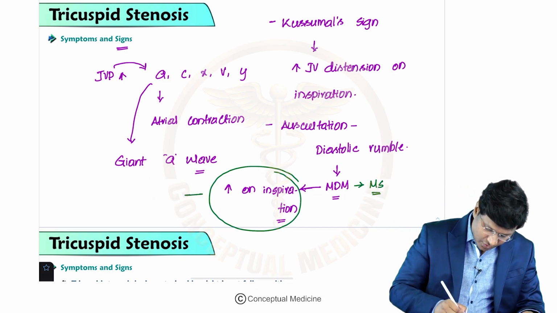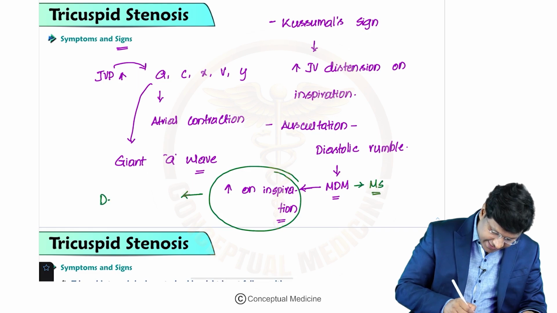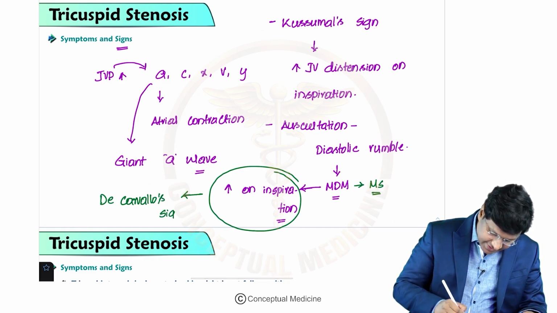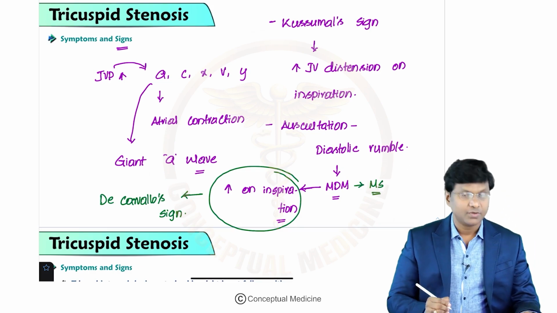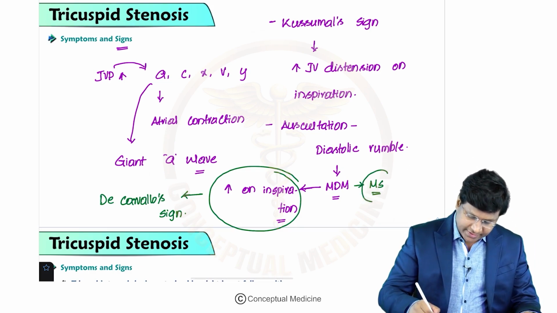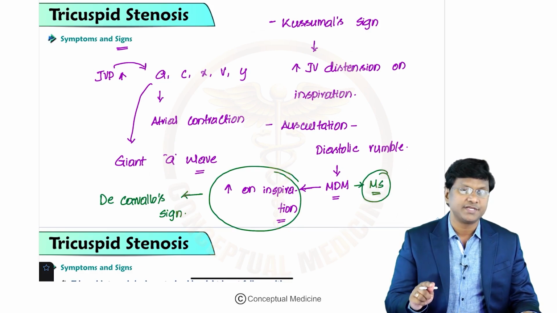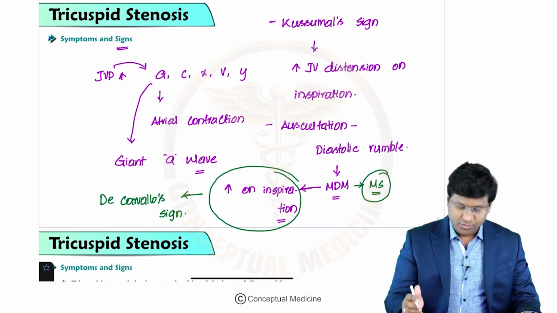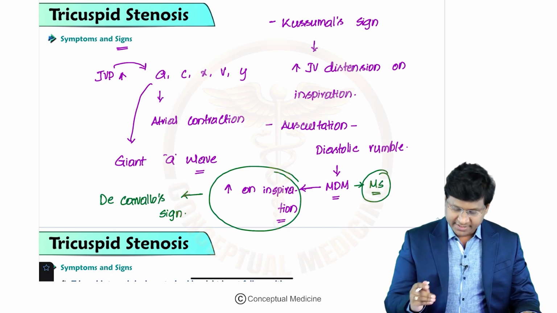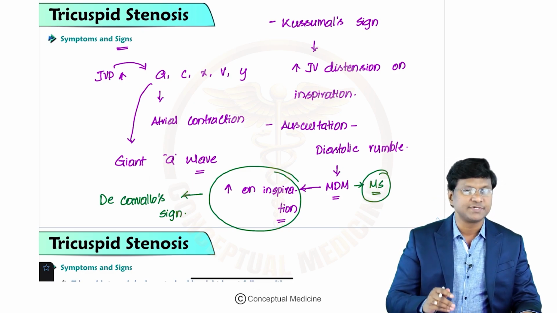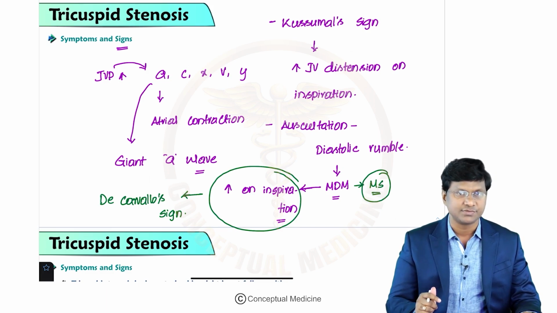And what is that sign called? That particular sign is called de Carvallo's sign. Whereas the mid-diastolic murmur of mitral stenosis does not increase on inspiration, but in fact increases on expiration. That is about the mid-diastolic murmur, the one which you will listen to in both tricuspid stenosis as well as mitral stenosis.